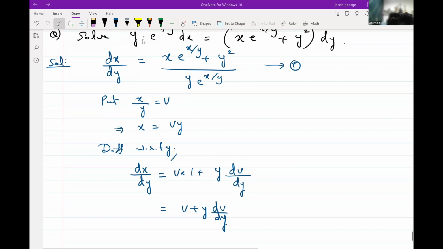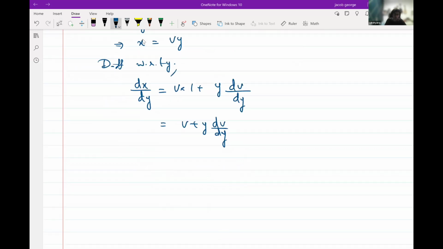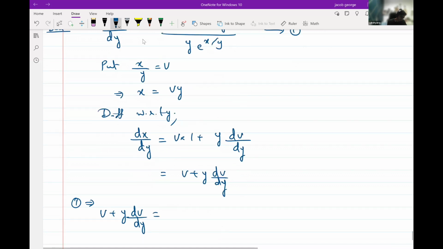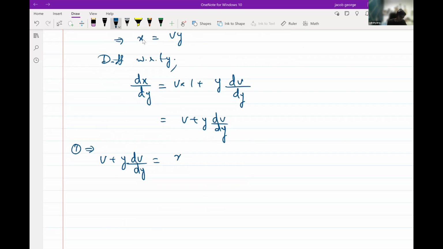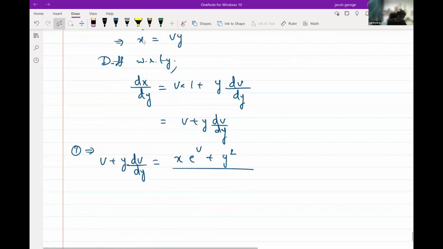In equation number 1, you will substitute this. So equation number 1 becomes v plus y dv by dy is equal to x into e raised to v plus y square upon y e raised to v.